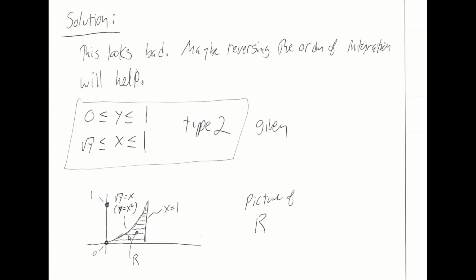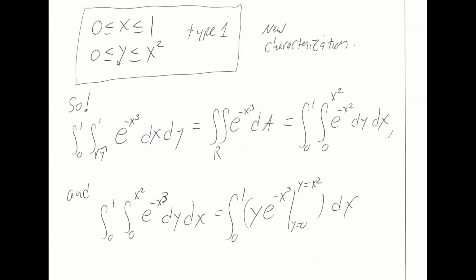So from the x-axis up to the parabola: y equal to 0 as the bottom curve, that is the x-axis, and y equal to x squared, our parabola, as the top curve.